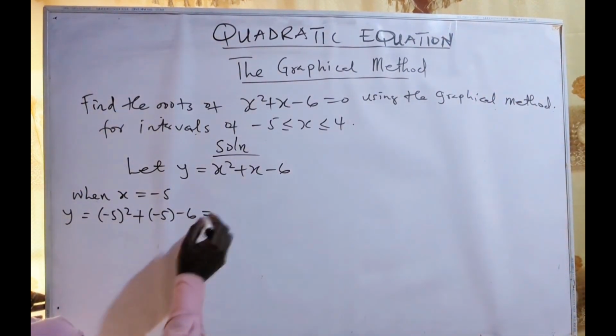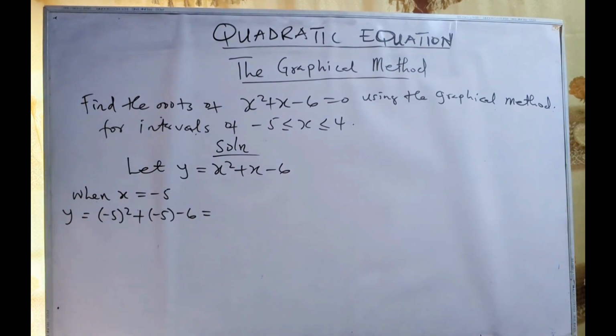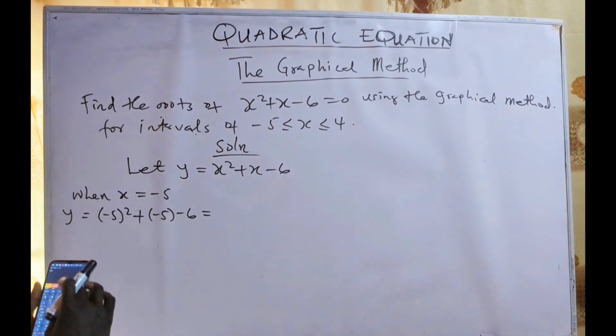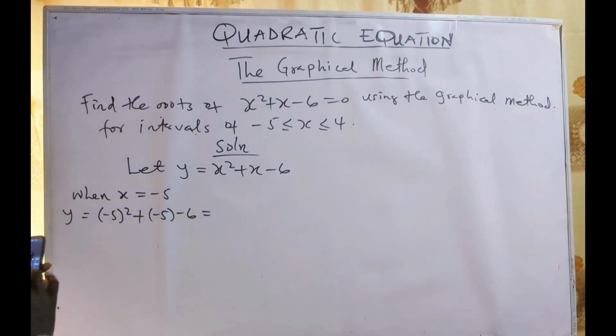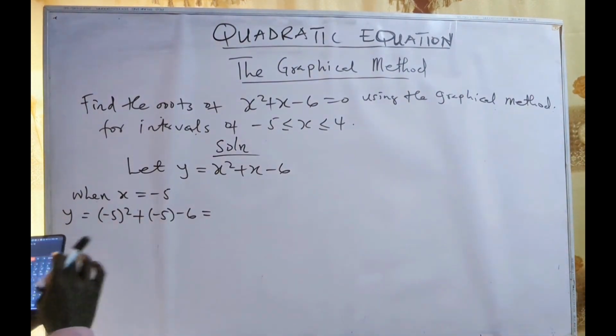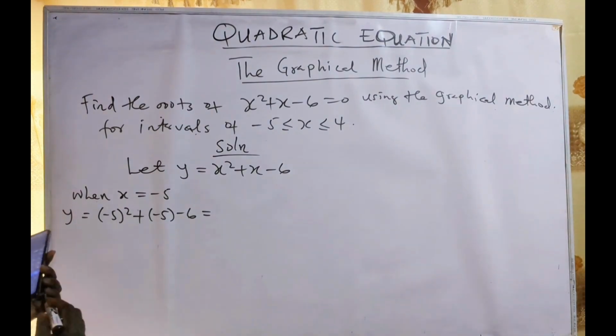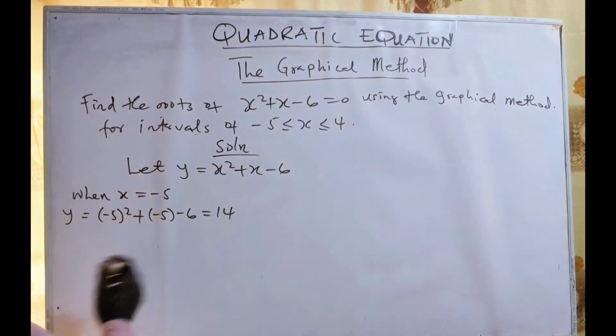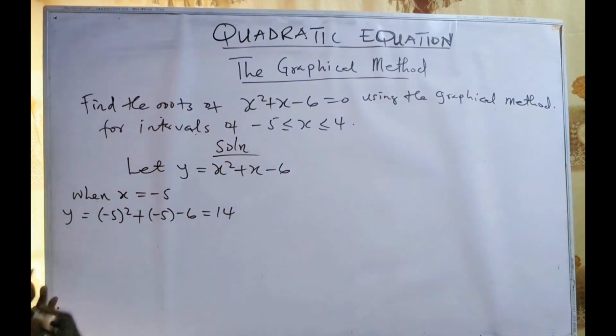All right, and then we get our points to do our graph. So we do the substitution: -5 squared plus -5 minus 6, and that will give us 14. So when s is -5, y is 14.